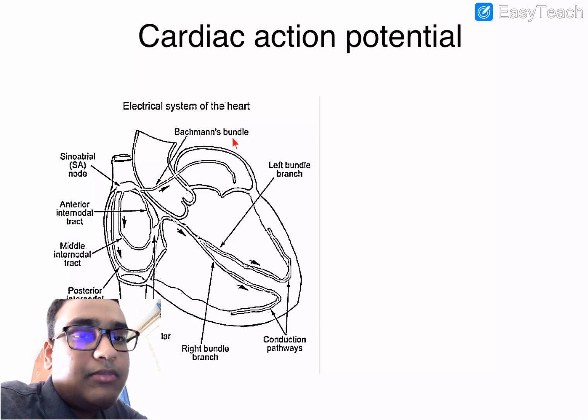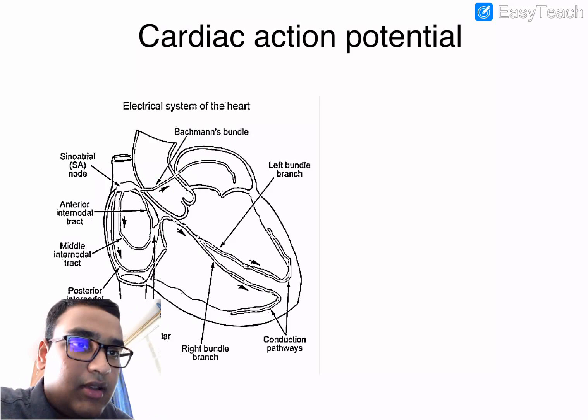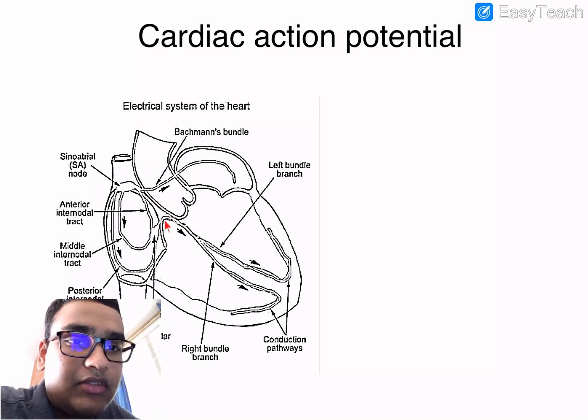This becomes important for atrial pathologies where certain changes can be seen in the ECG, which we'll discuss in subsequent videos. From the AV node it goes through the bundle of His, which is divided into right branch and left branch, and then goes along the ventricular wall and supplies all the Purkinje fibers. So this is the basic conduction system of the heart.